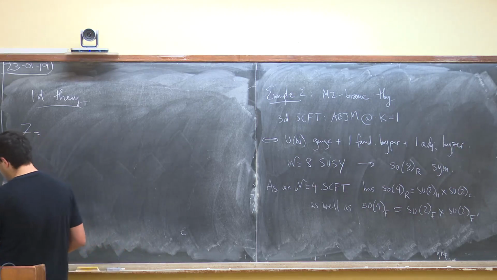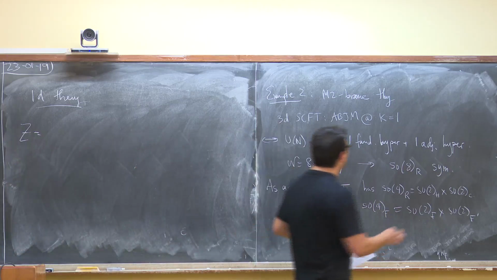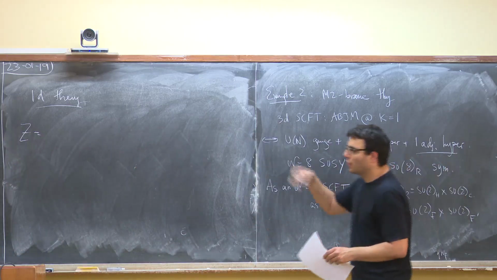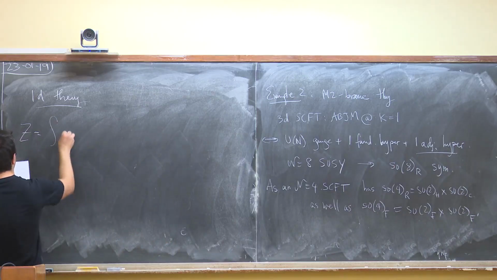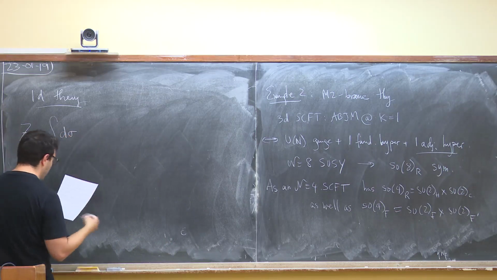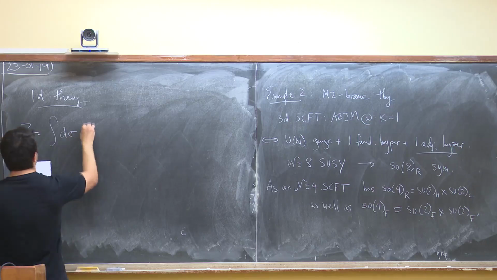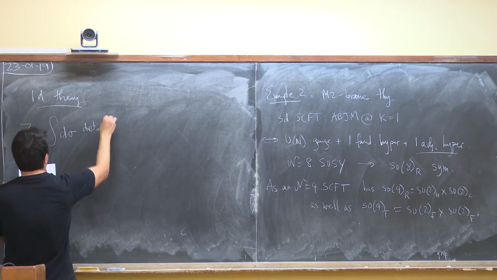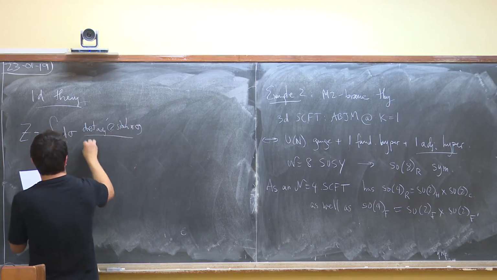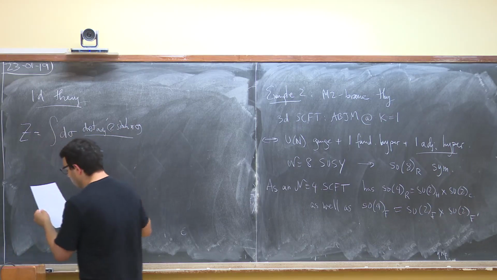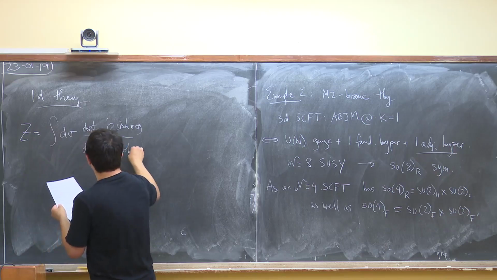Okay, so the 1D theory. Let me just keep only the adjoint hyper and then do the integral over the fundamental hyper. So then what I get is an integral over sigma, which is now valued in the adjoint of U(N). I have a determinant in the adjoint representation of 2 sinh pi sigma, and then a determinant in the fundamental representation, because I integrated out the hyper, 2 cosh pi sigma.